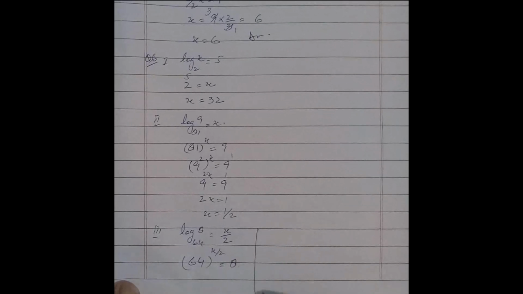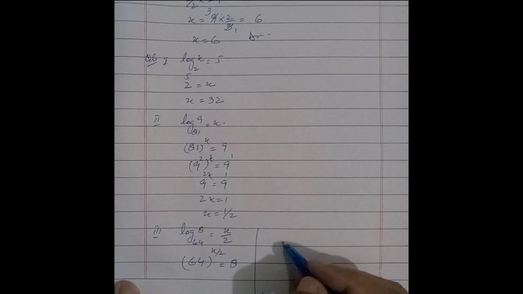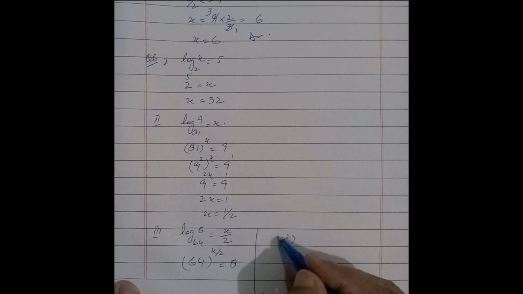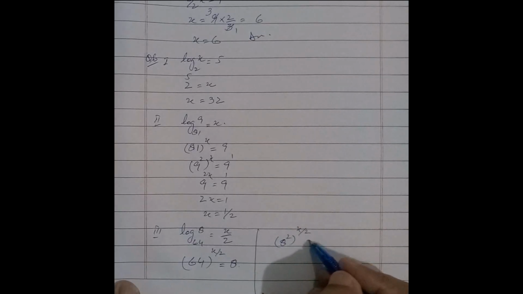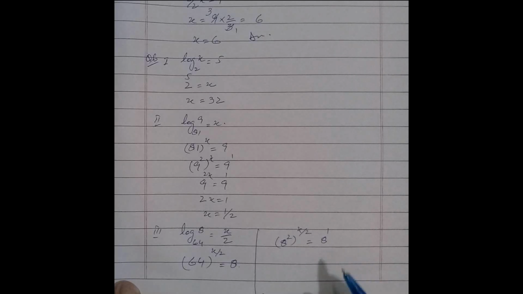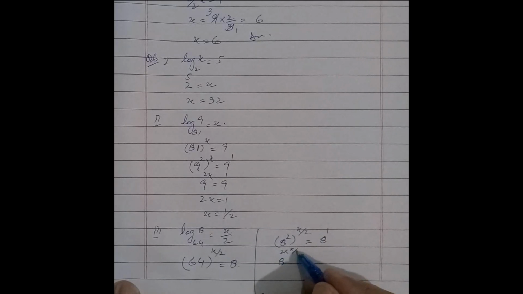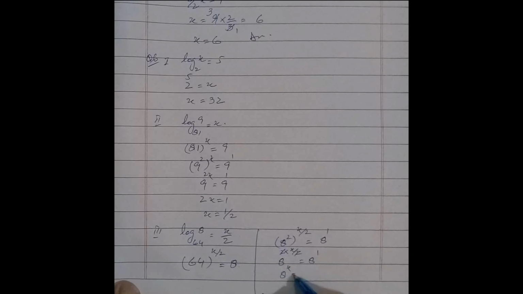Now we simplify it. 64 is 8's power 2, whole power x over 2 is equal to 8. We know that in exponent form, powers multiply each other, so 8's power 2 multiplied by x over 2 is equal to 8 to the power 1. 2 cancels with 2. We have 8's power x is equal to 8's power 1. So x is equal to 1.